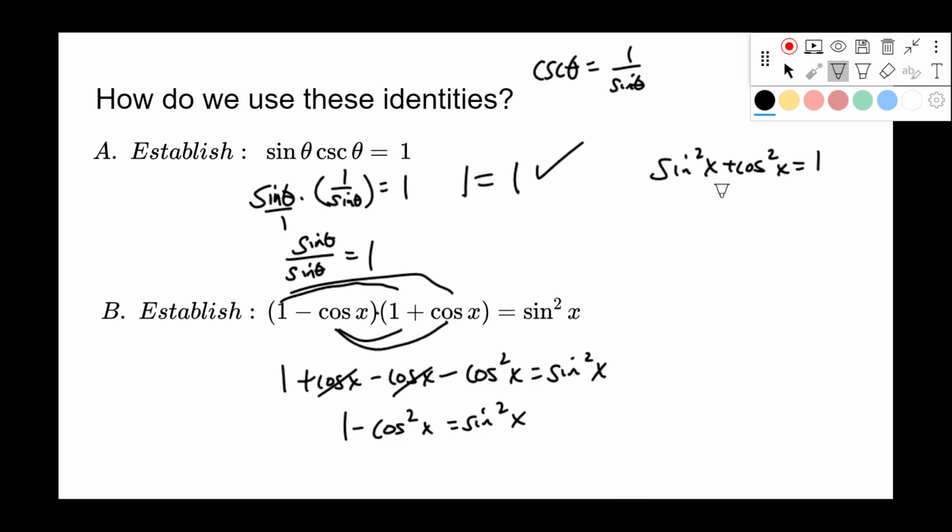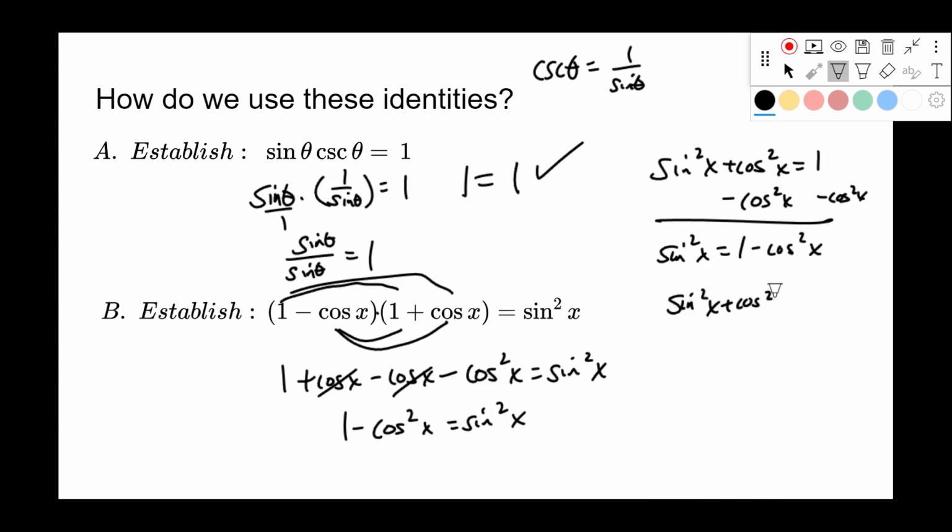One of them, if I subtract cosine squared on each side, tells me that sine squared is equal to 1 minus cosine squared. And then there's another one if I go back to the beginning and I subtract sine squared on both sides. I get cosine squared equals 1 minus sine squared. Okay? These are 2 more identities.